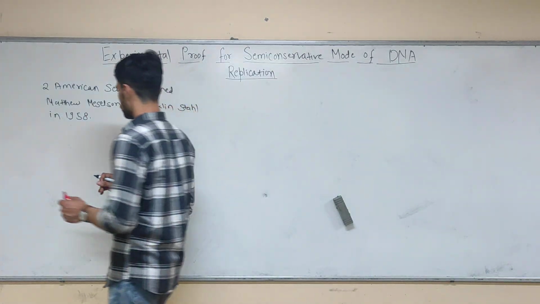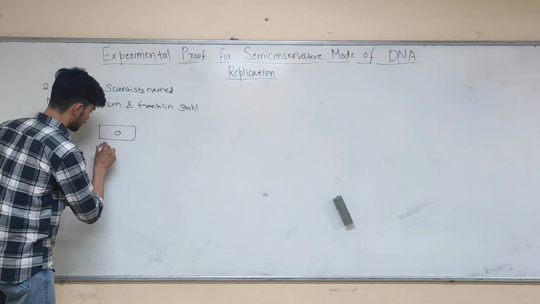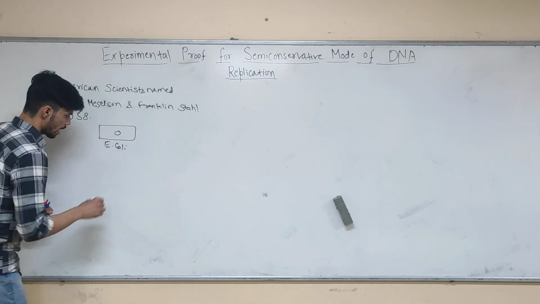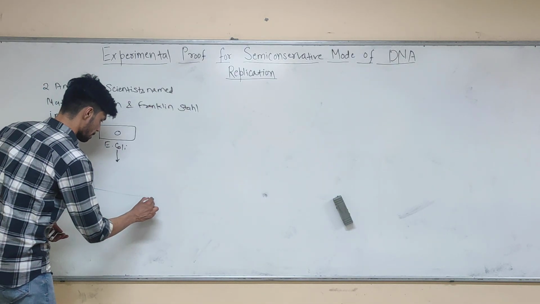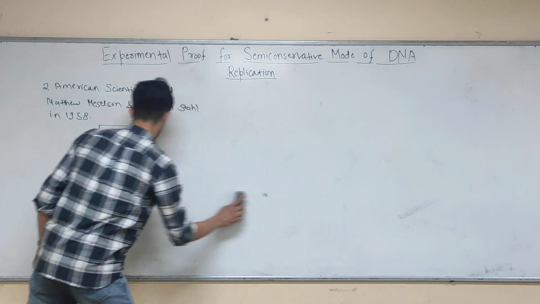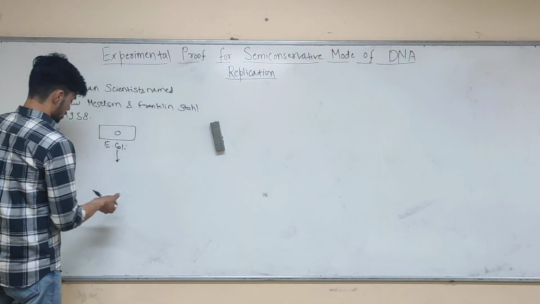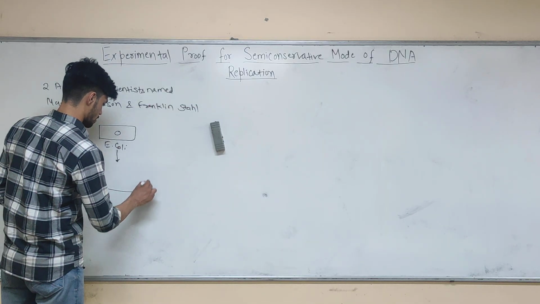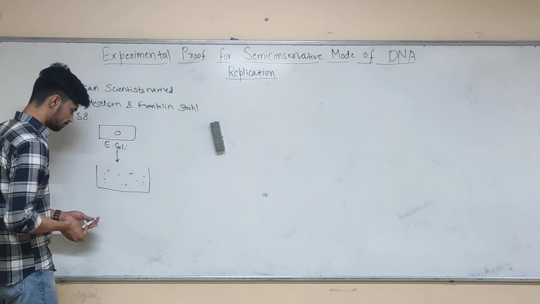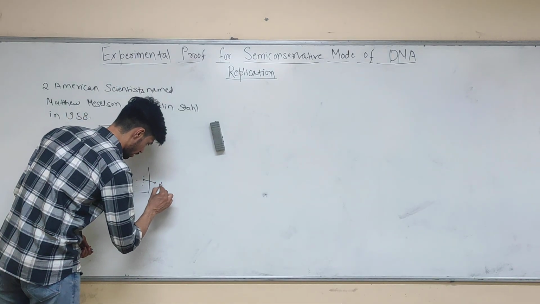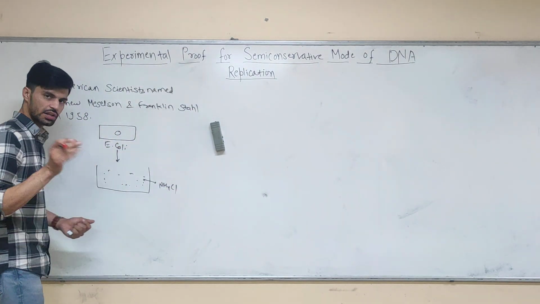So I will draw here, for example, this is the E. coli, and they grew this E. coli in NH4Cl medium, for many generations.